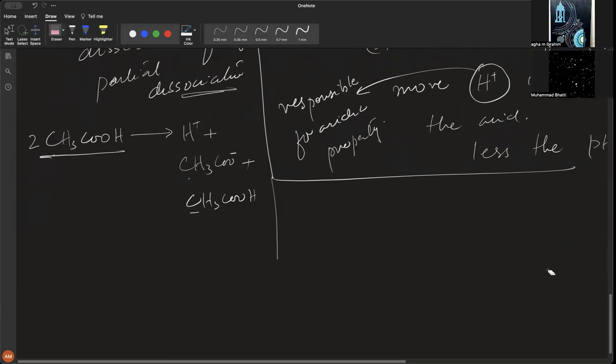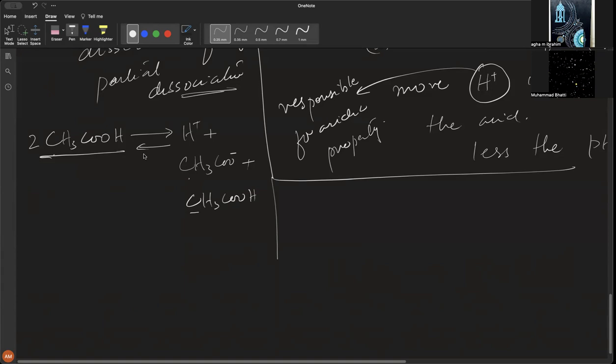Most of the time, this is a reversible reaction. So what is happening? If a certain number of them have dissociated, similarly at the same time that number also associates back.